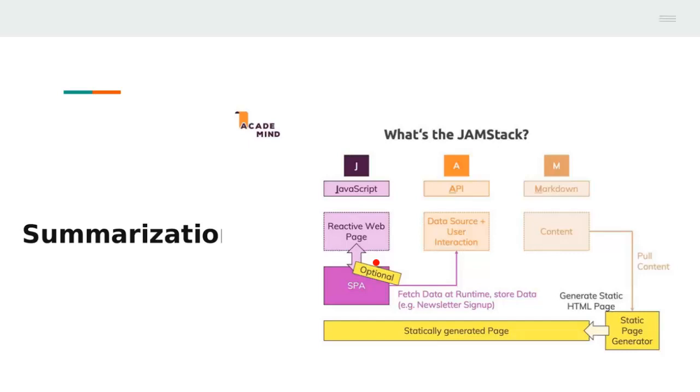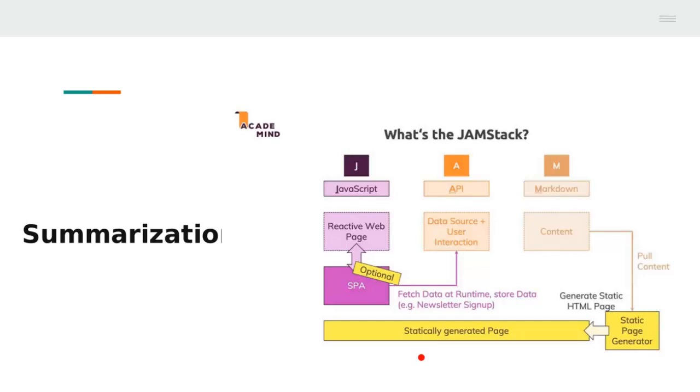Why is it optional? Because we have something called a statically generated page. In other words, we can use a traditional way to render our single page application, which is called server-side rendering.